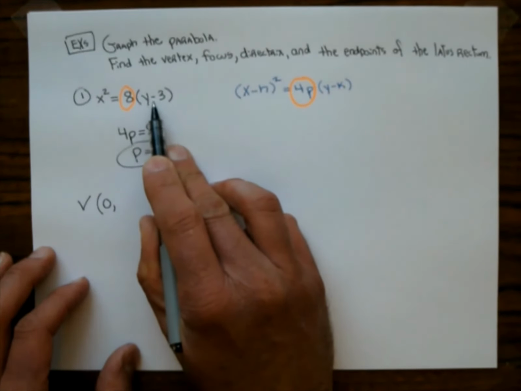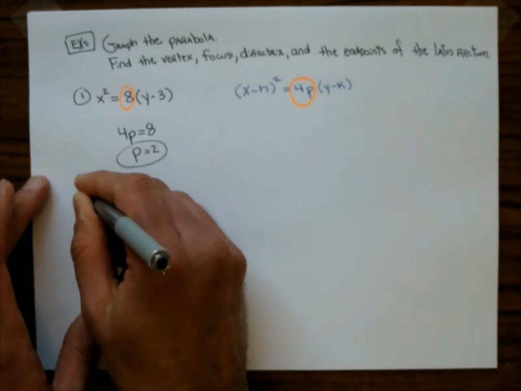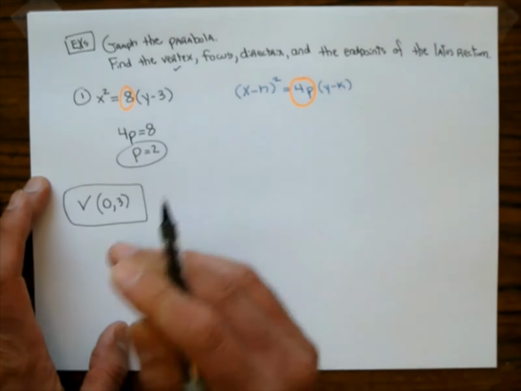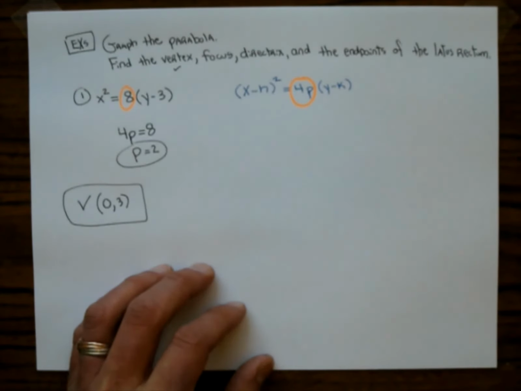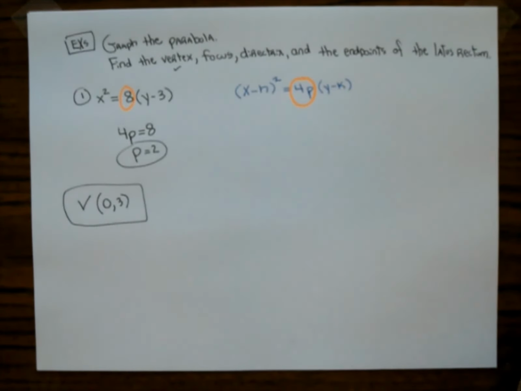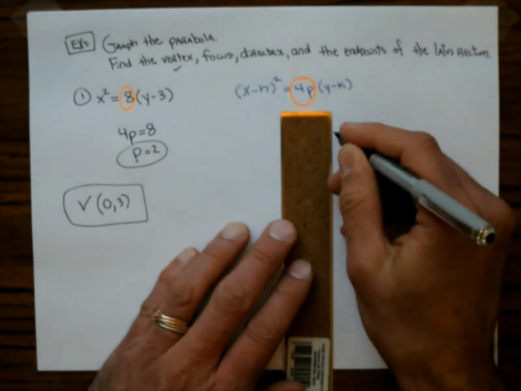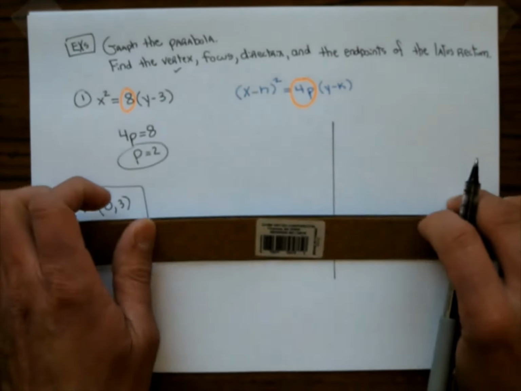So you see y minus 3, so you're going to go with a 3. So we found the vertex. Some of you might want to do this just to get a visual of what you need to do, so I'm going to go ahead and start putting the graph right over here.